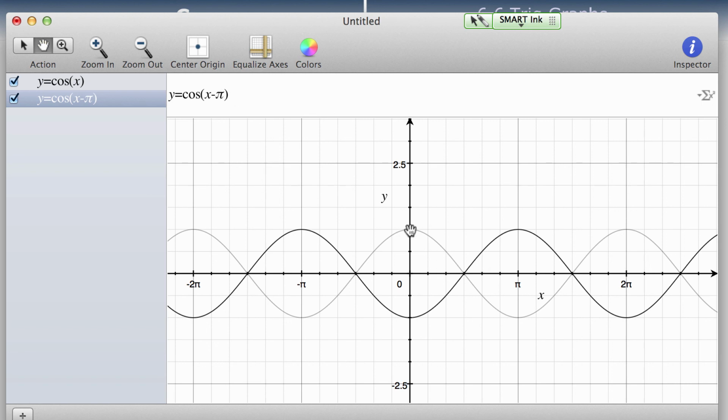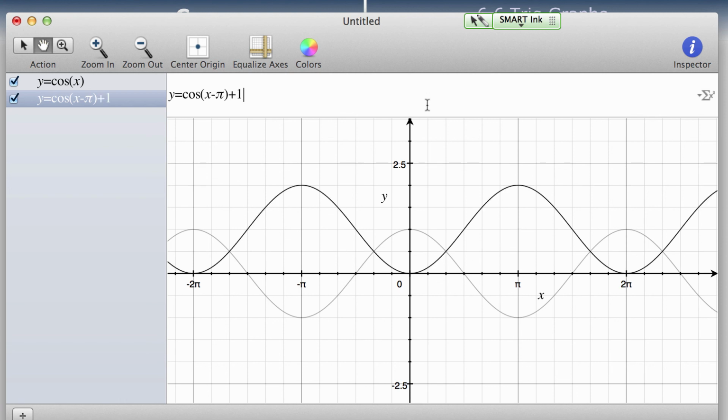So rather than starting here, it's now starting here and going down. And also if I put a number out at the end, plus 1, it moves the whole thing up or down. So the ABCDs for cos are exactly the same as sine. It's just that they're shifted off a little bit.